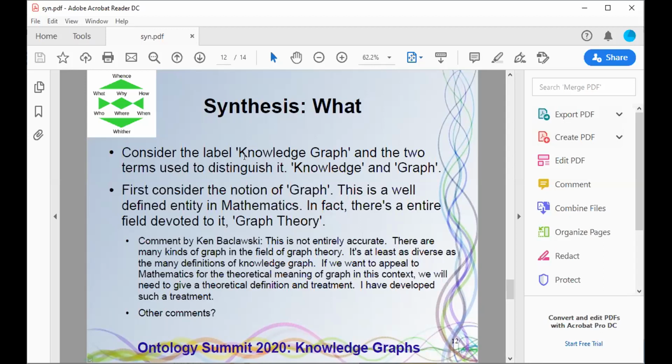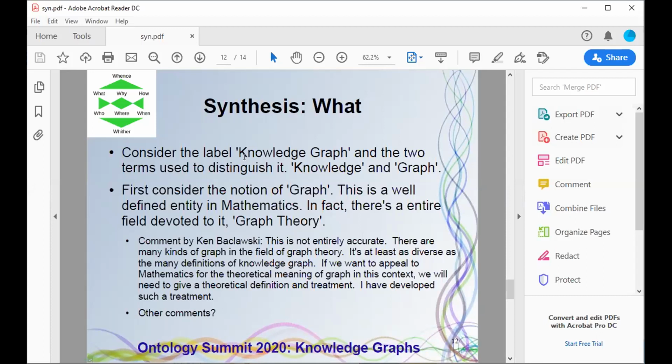When you start adding labels, directions, and all sorts of other machinery to your graph, then it's actually quite easy to solve the graph isomorphism problem. So even in that little discussion, you see how two different definitions of the word graph can lead to a completely different understanding of a major problem in the field.